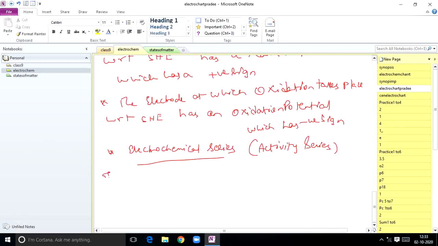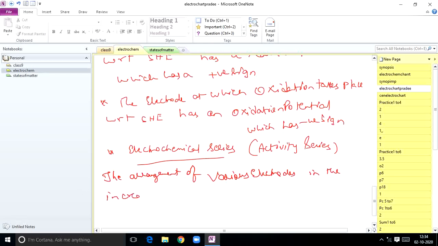The arrangement of various electrodes in the increasing values of standard reduction potentials. So we are expressing in terms of standard reduction potentials. This arrangement we call the electrochemical series.